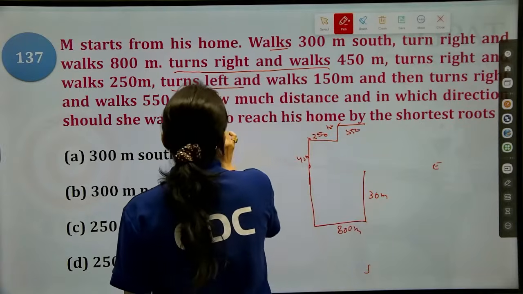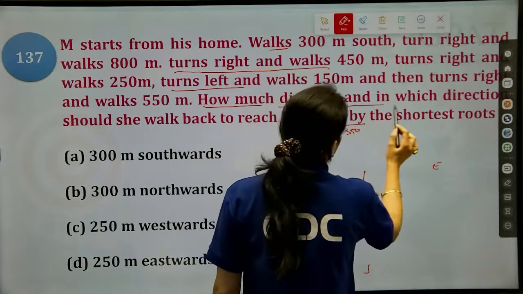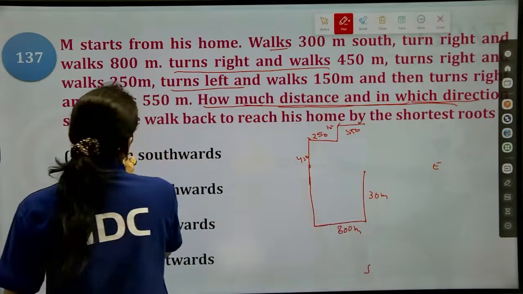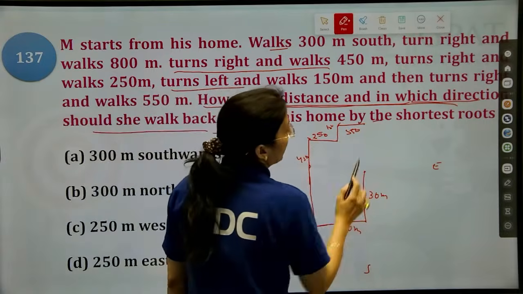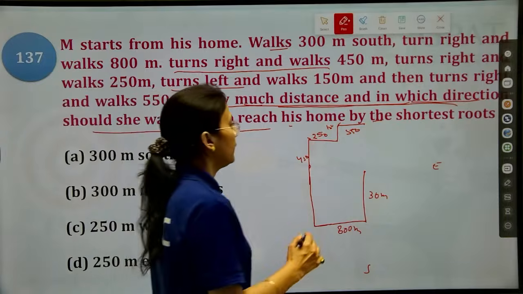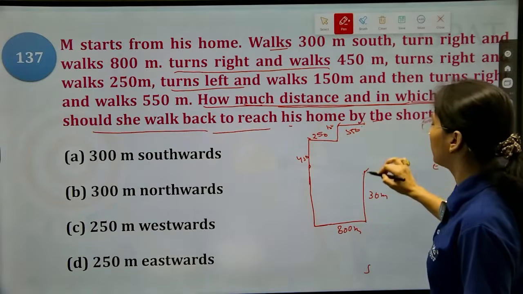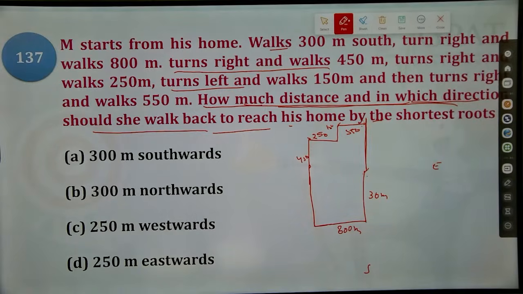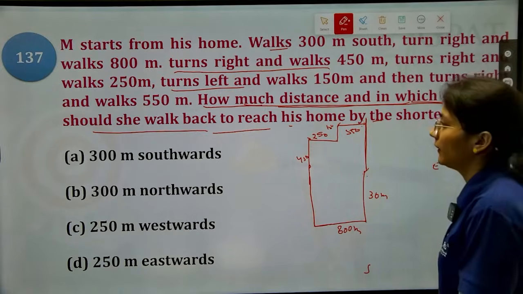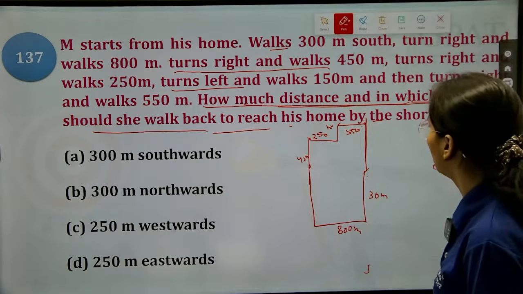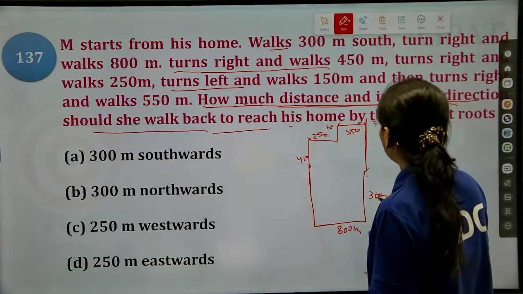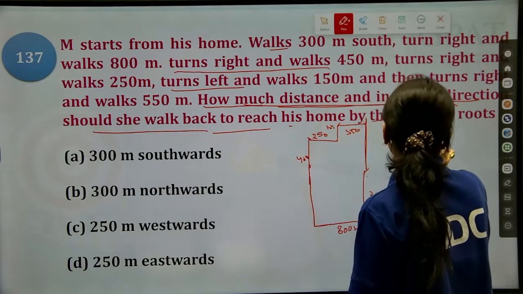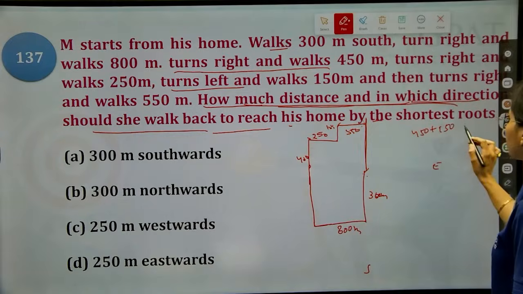Now in which direction and how much distance should she walk back to reach his home by the shortest route? So we have to find the distance from there to there. So 300 is there, 450 is there, 150. 450 plus 150 is how much?